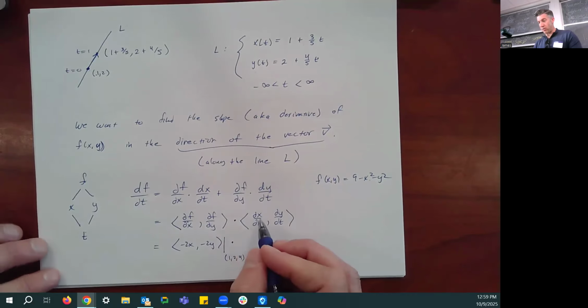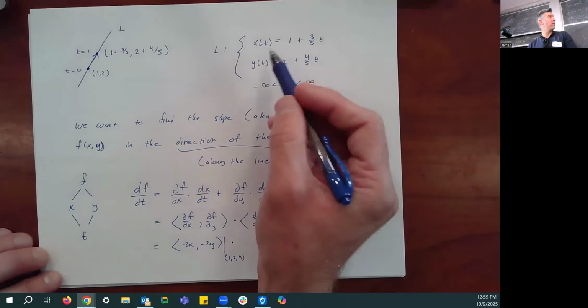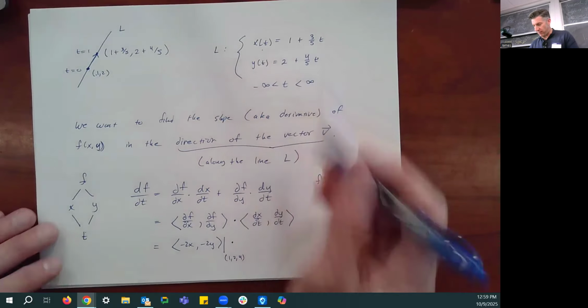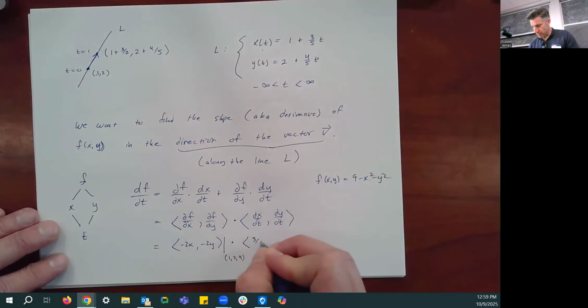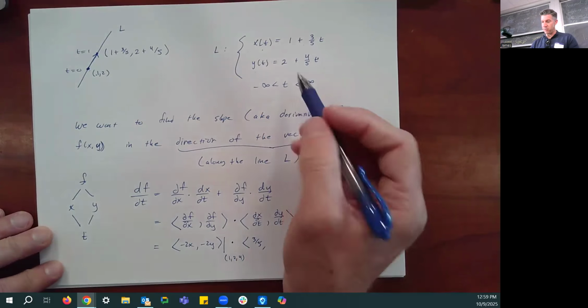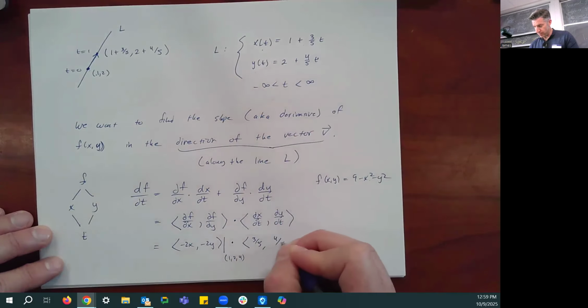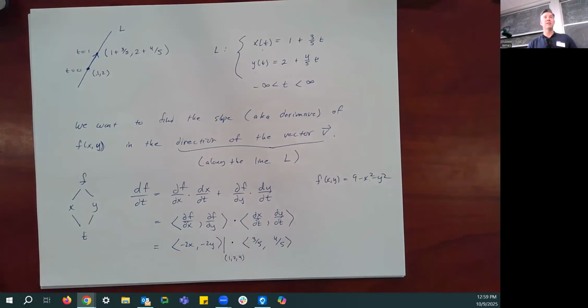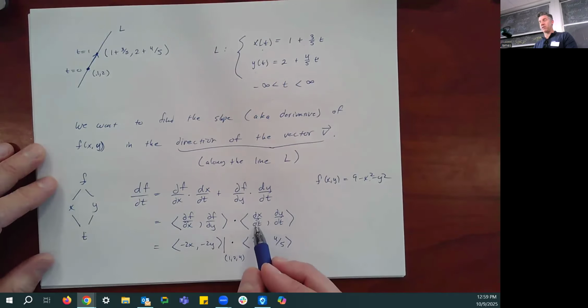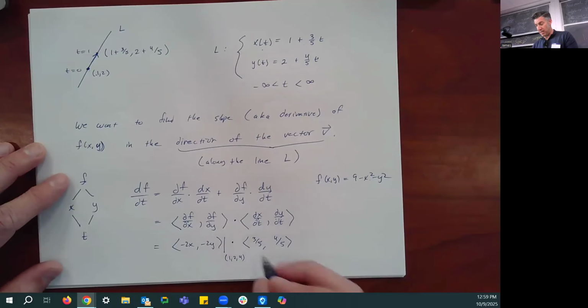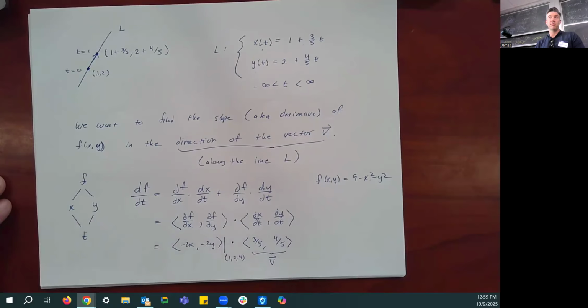Dotted with our dx dt, the derivative of x is 0 plus 3/5. dy dt, the derivative of y, is 0 plus 4/5. So hopefully it is unsurprising that this vector dx dt comma dy dt is just the vector v that we were given in the first place.